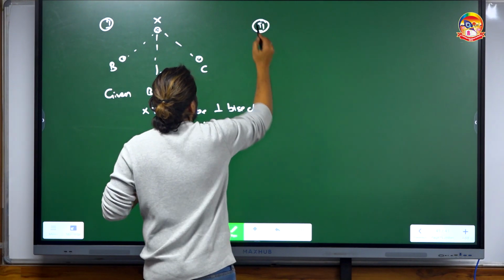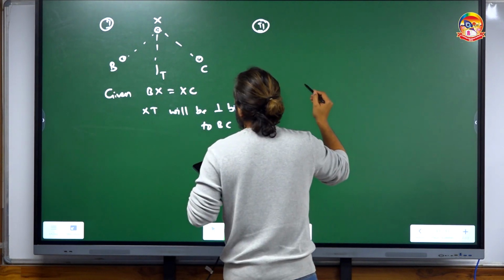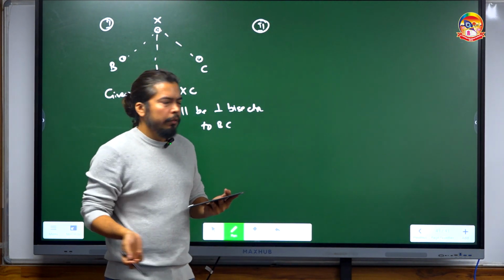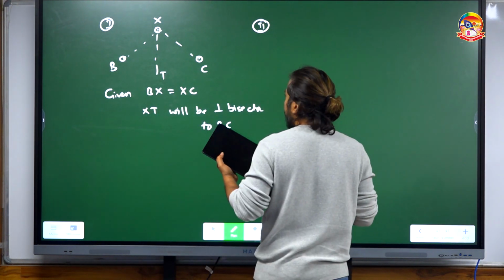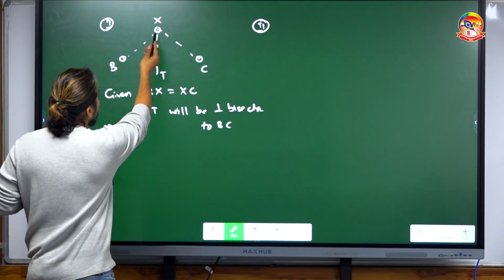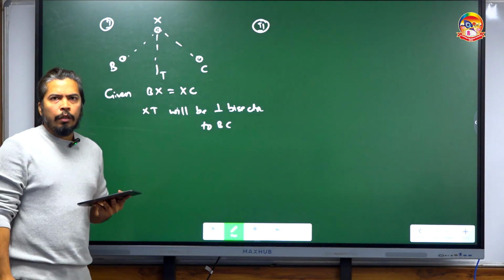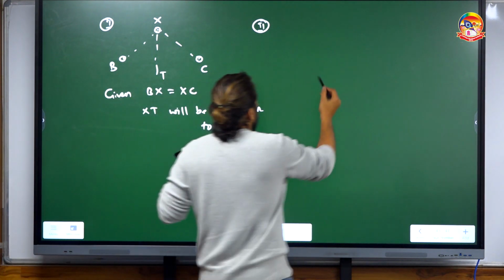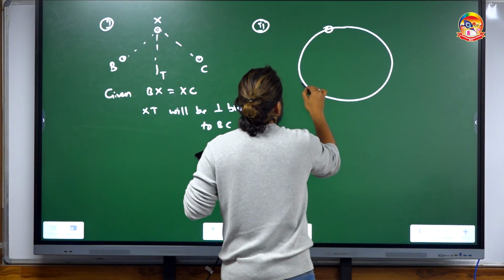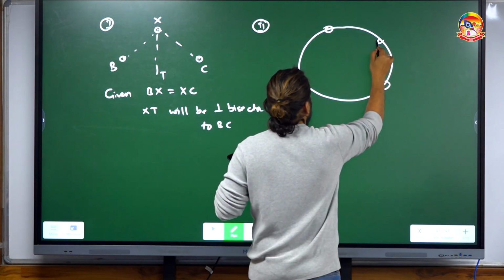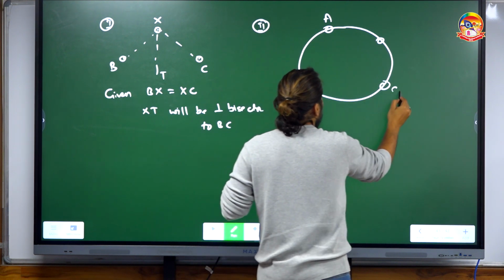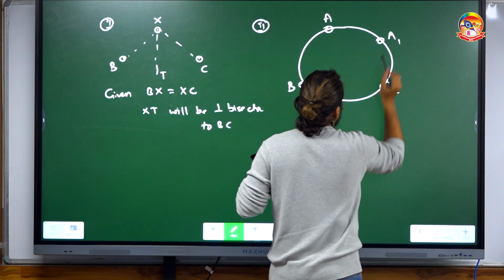Second idea here is this one. Now that is another very important idea and very interesting point. How to get to this point, how to get to this X point, right? Suppose we have 3 points given to us. Suppose we have a fourth point which is concyclic to A, B and C. So let this be A1.